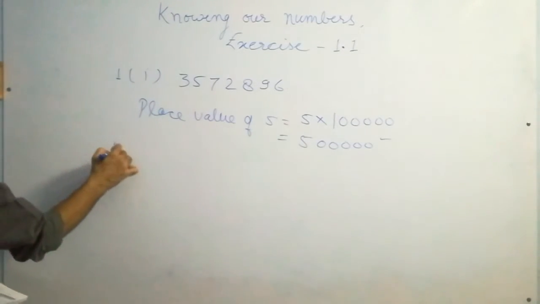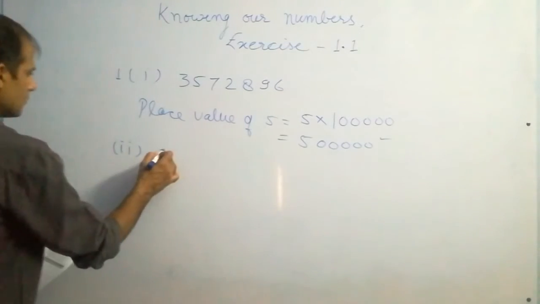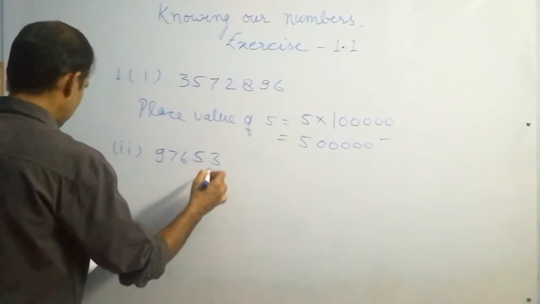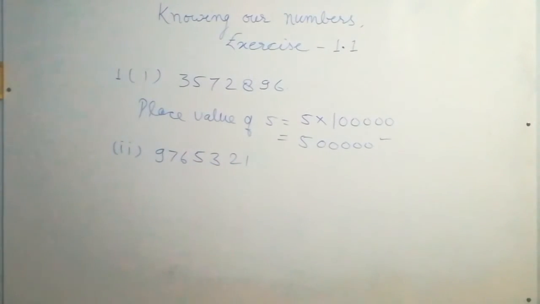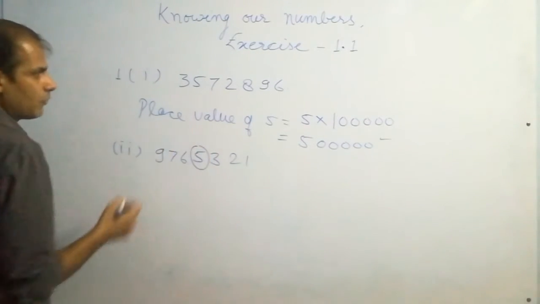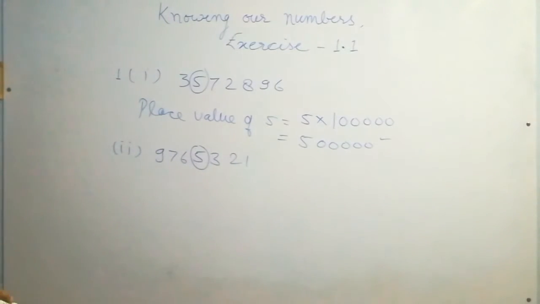Second part, 9765321. Again we have to focus on 5 as in the first part. So what is the place value of 5?